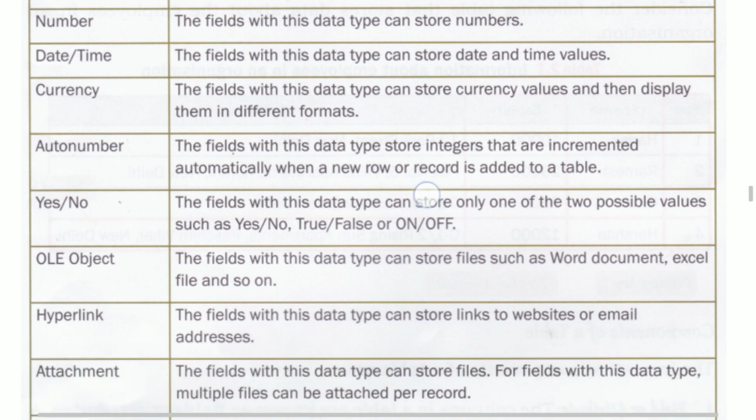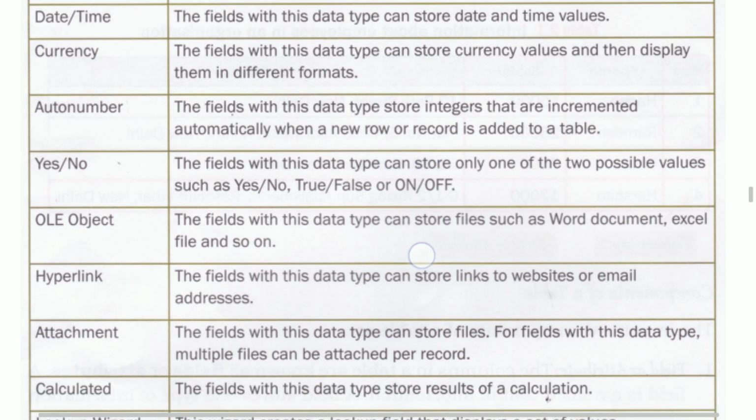Now the next one data type is date or time. The date or time field accepts only date and time data in the given table in the different formats. Now the next one data type is currency.